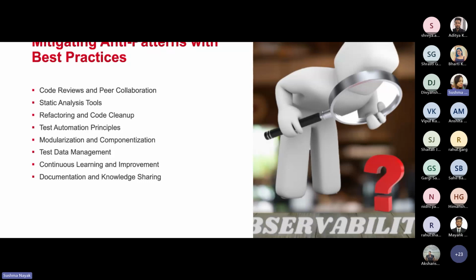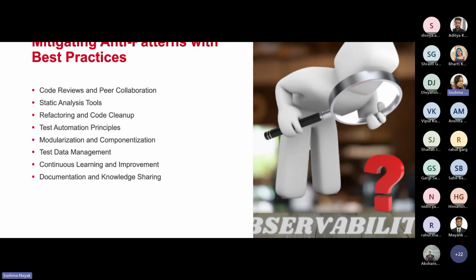Design test scenarios with a clear focus on specific functionalities or use cases for promotion. The next one is modularization and encapsulation. Here, test code should be made into reusable components and libraries, and we should promote them and use them. Then is test data management.